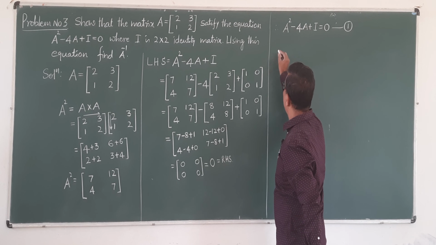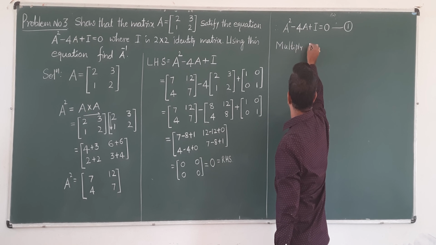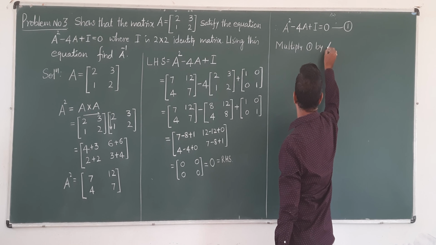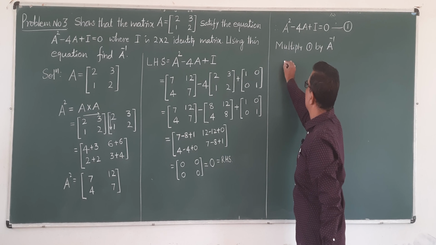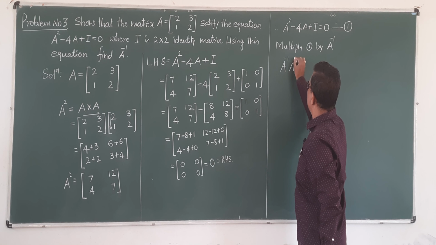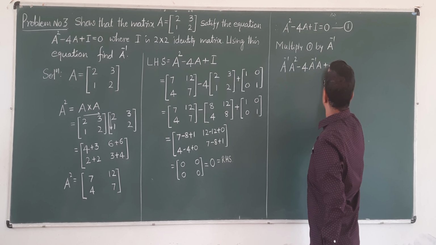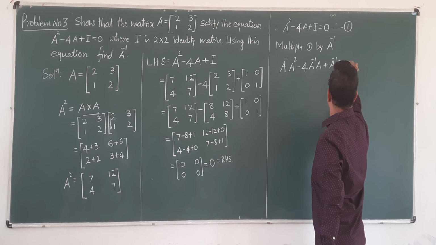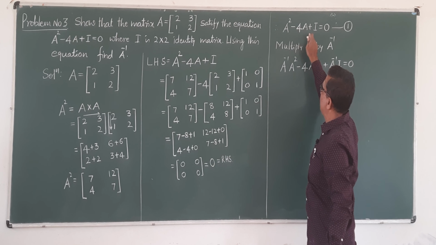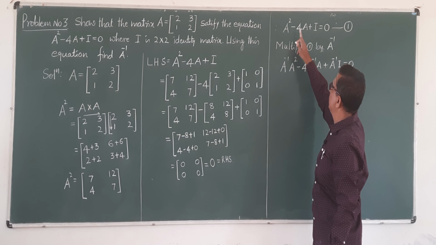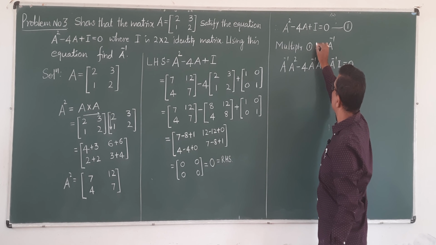How to solve? To find A inverse, operate or multiply equation 1 by what we need to find, A inverse. Multiply everything by that. Look here: A inverse into A square minus 4 A inverse into A plus A inverse into I is equal to 0.